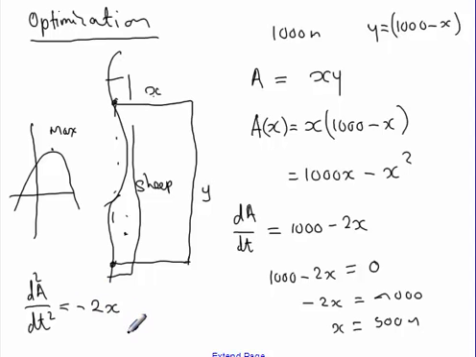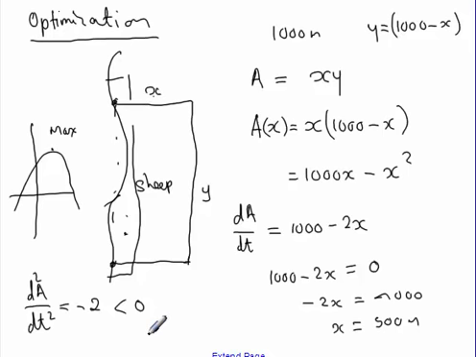Now this function is a constant function. It's minus 2. Whether we evaluate it at 500 or anywhere else, it's always going to be less than 0. But we saw before that whenever the second derivative is negative, it means the function has a maximum. So this function has a maximum.